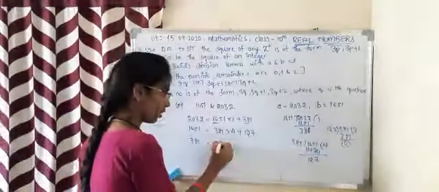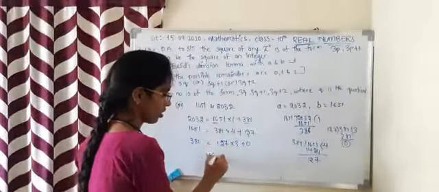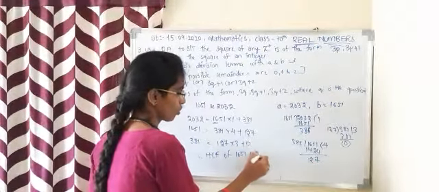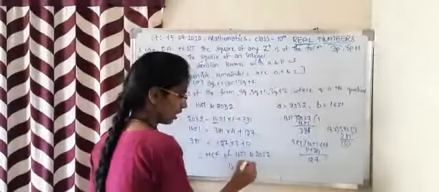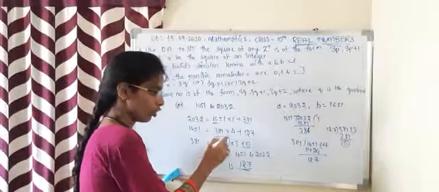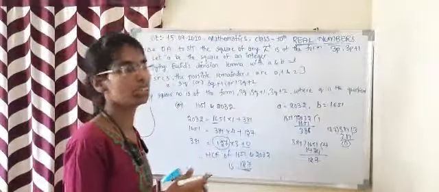So 381 equals 127 into 3 plus 0. Therefore the HCF of 1651 and 2032 is 127, because here we got the remainder 0, and the B value at that step is taken as the HCF of the given two numbers.